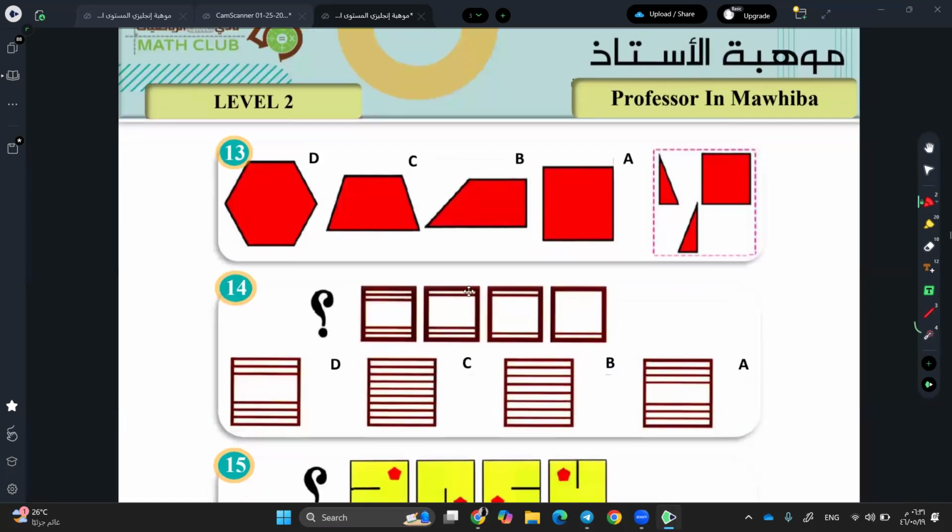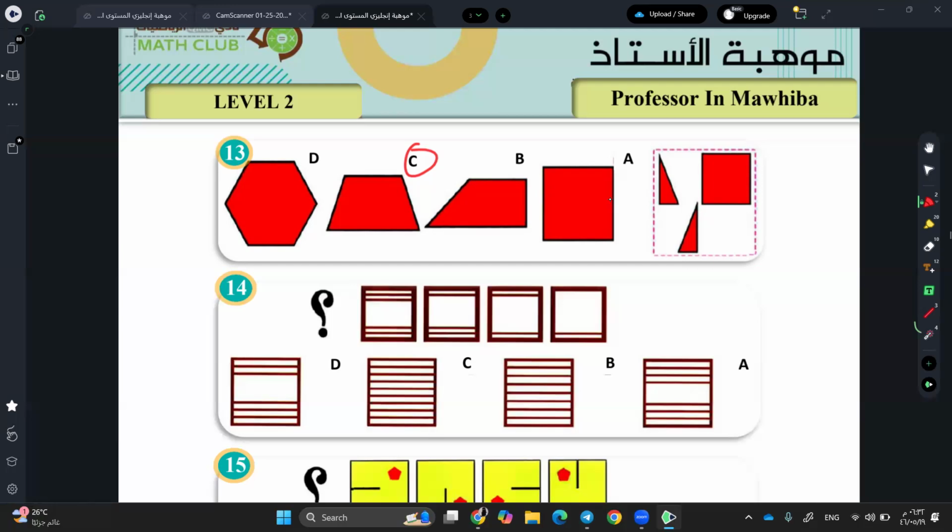Okay, here it gives you that shape and it wants you to assemble it. One square with two triangles. So let's see here, Hussein, one square with two triangles. What is the shape? It would be C, because if the shape down, you put it on the left and the one up on the right, it would look like C. Excellent.